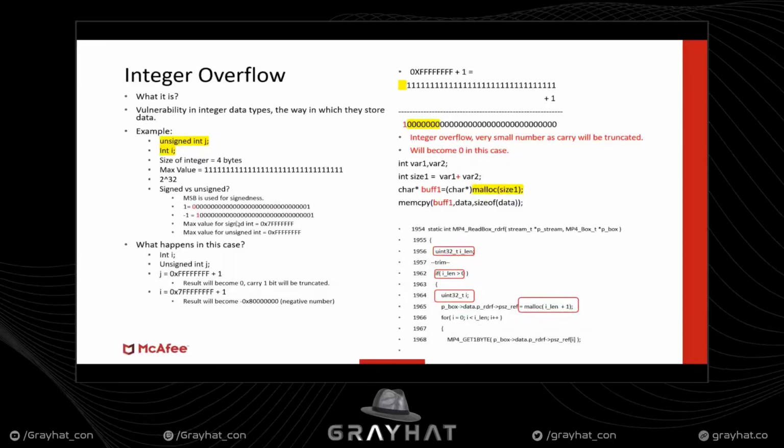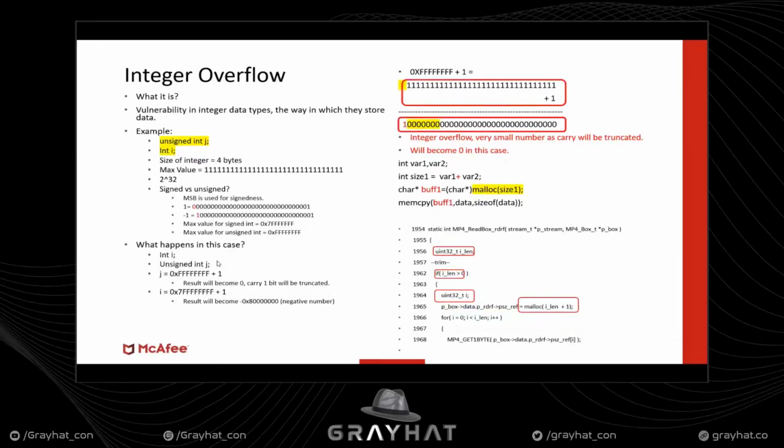Based on that, the maximum value for a signed integer will be 7f and the maximum value for an unsigned integer will be ff. This is because for an unsigned integer, all 32 bits are used to denote the number, but in the case of a signed integer, only 31 bits are used and 1 bit is used to denote the signedness of the number.